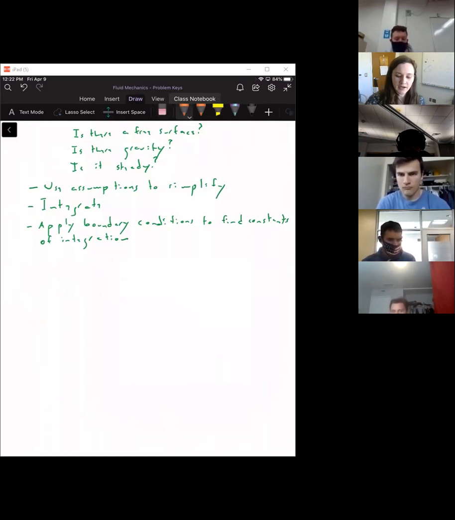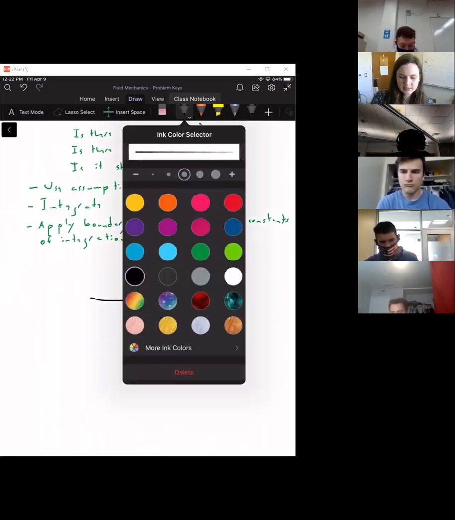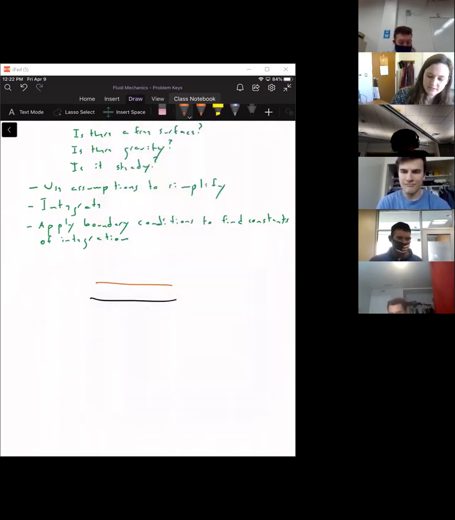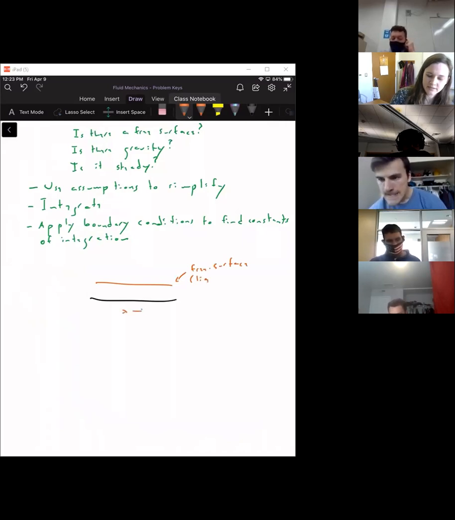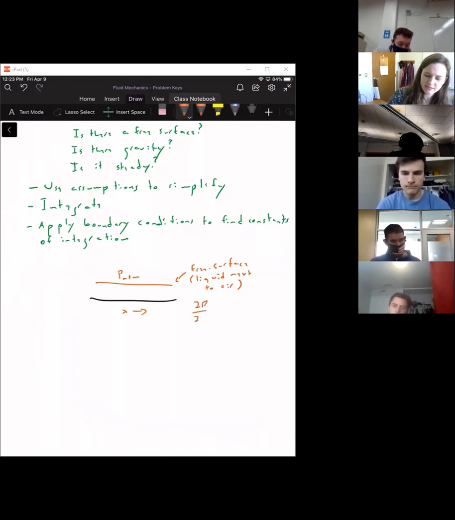One of the things I taught you was that if there's a free surface, liquid next to air, and this is the x direction, or next to a gas, then dp dx is equal to 0.